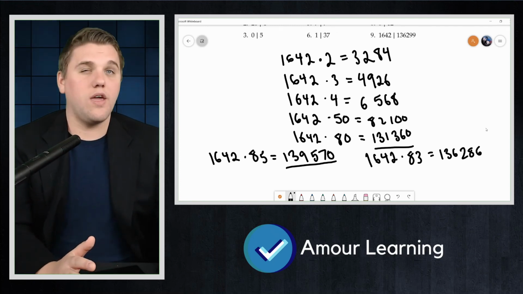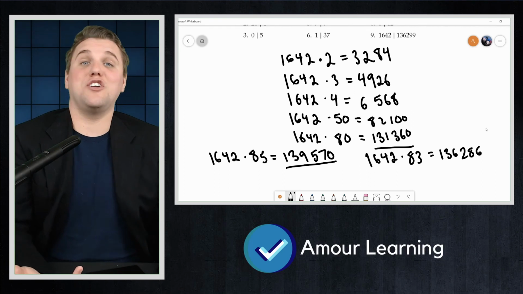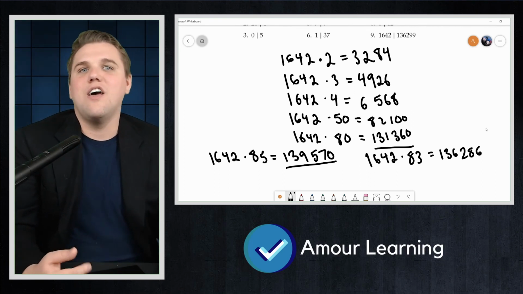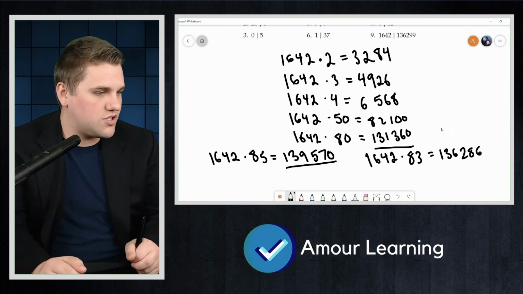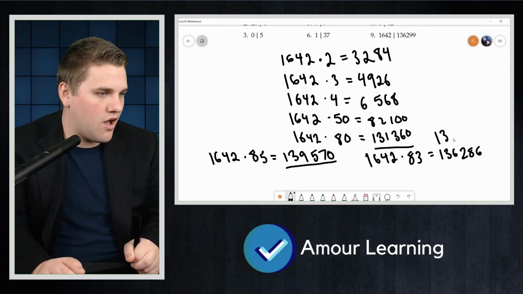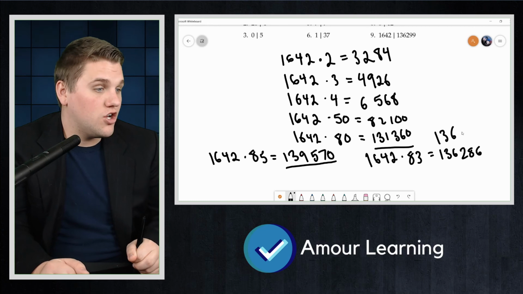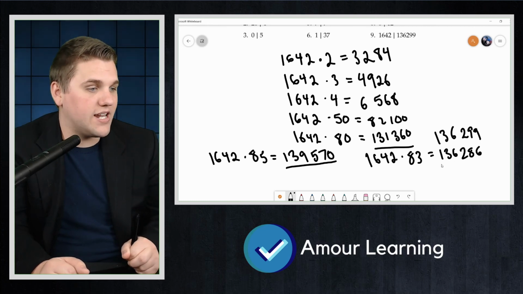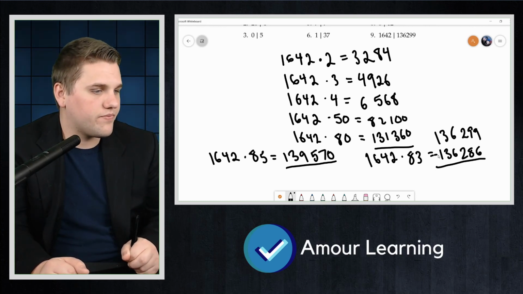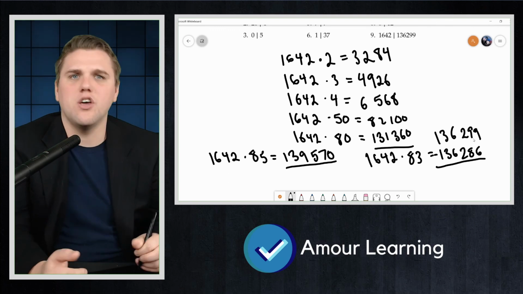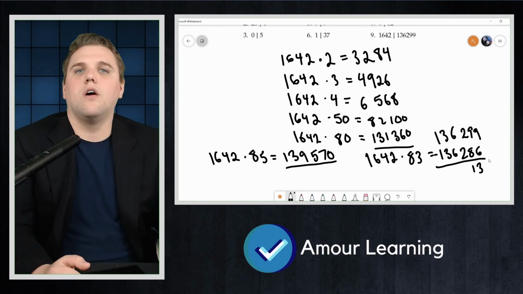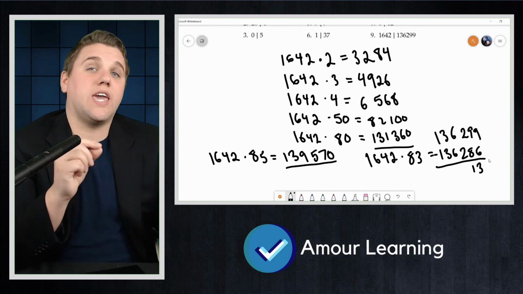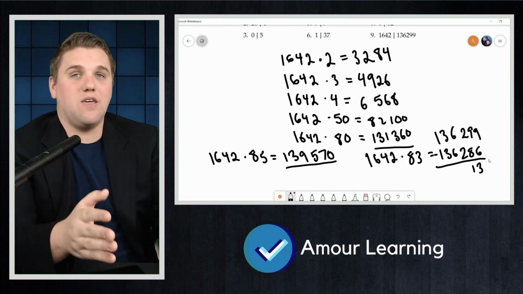How far are we from our desired 136,299? If we subtract the two here, let's do 136,299 minus that value. Let's see what our remainder is. We get 13, it looks like. So we know we cannot go up to 84.